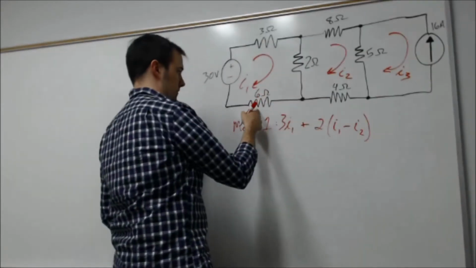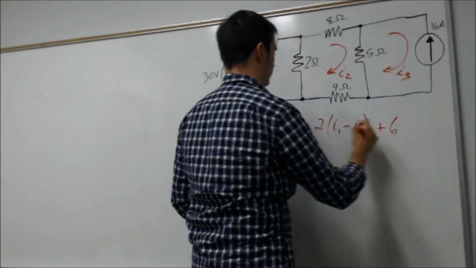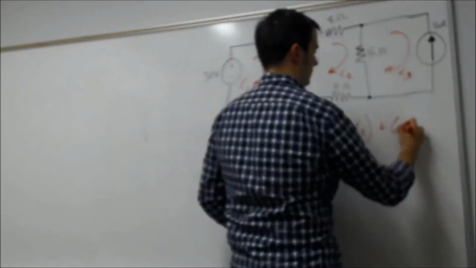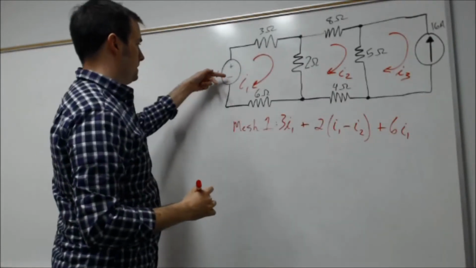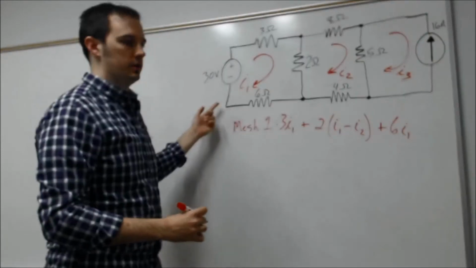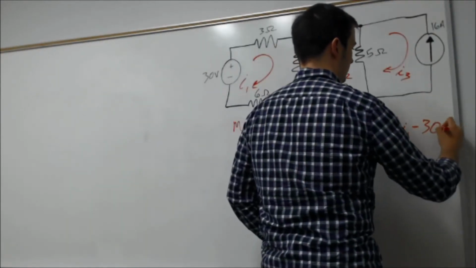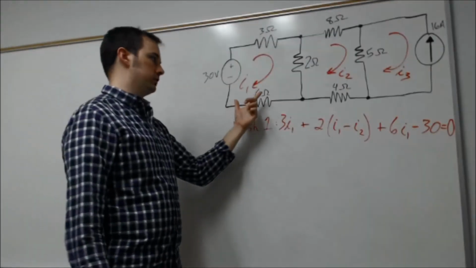Coming over here, we have a 6 ohm resistor, so a voltage drop across here defined as 6 ohms times the I1 mesh current, the only one that affects that. And then here I have a voltage rise of 30 volts from this source. So that is going to count as a negative: minus 30 equals 0. So that's our equation for the first mesh.